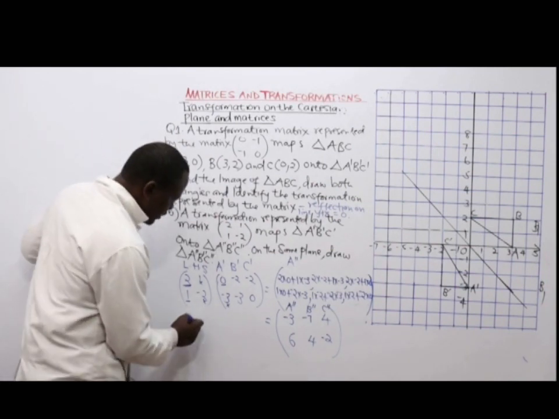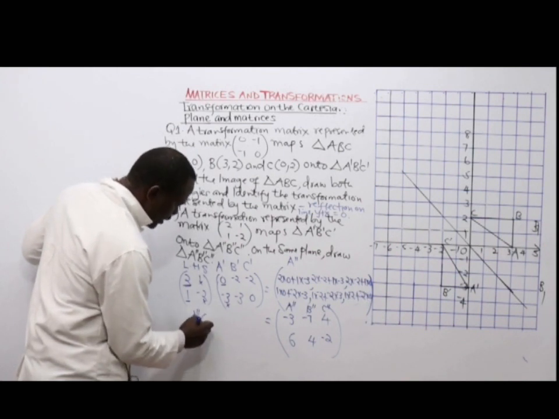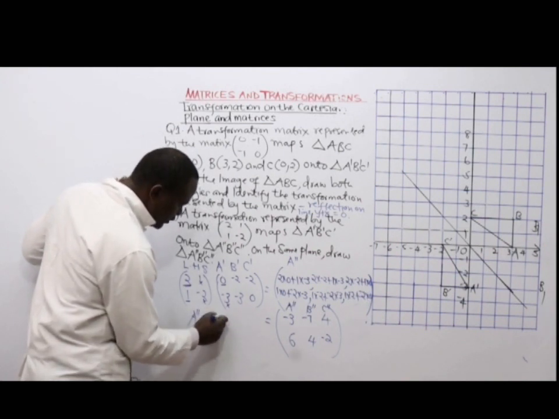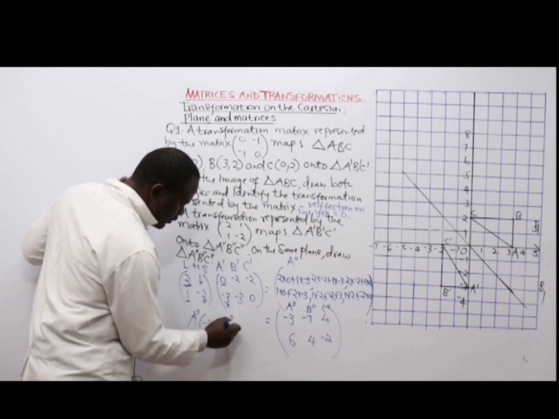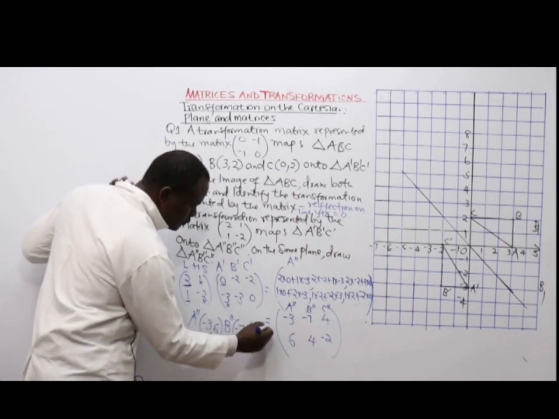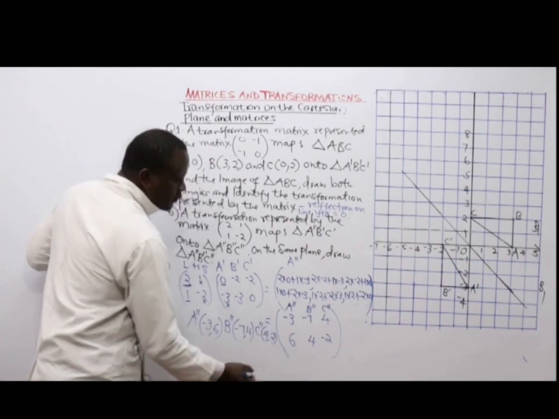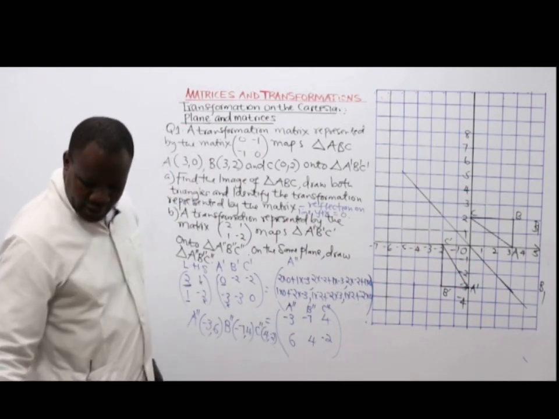That means double prime is negative 3, 6. This is the way the answer is written, otherwise it will not be accepted.